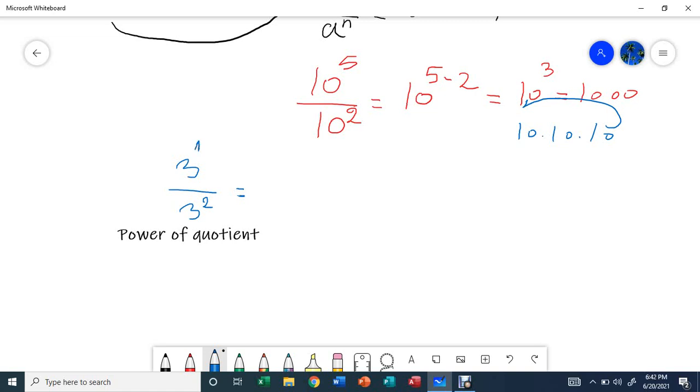There is a 1 here, but we're not writing 3 to the 1st power, we just write 3.